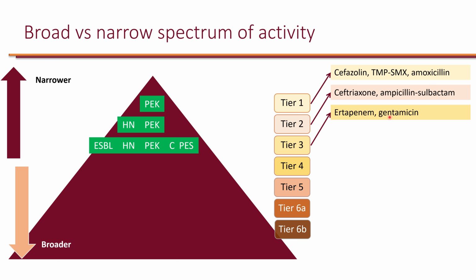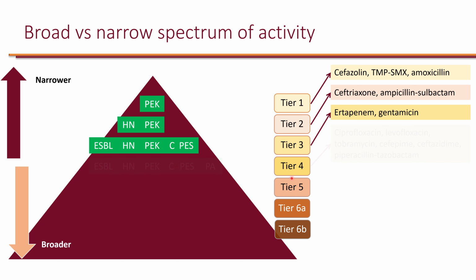And gentamicin, of course, is not affected by ESBL since it's an aminoglycoside. Both of these agents also have extended activity against more gram-negative organisms: Citrobacter, Providencia, Enterobacter, and Serratia. And they do not have activity against Acinetobacter.